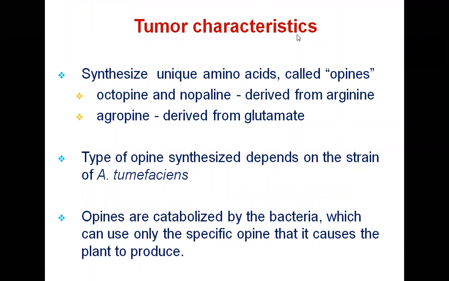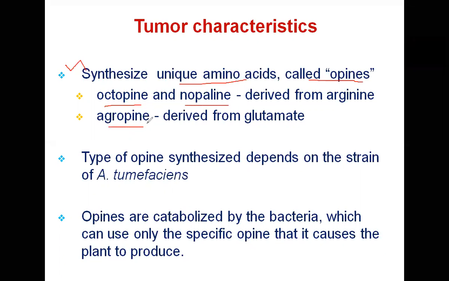Now, as I said, these bacteria, once they infect the plant cell, synthesize unique amino acids. Together they are called opines. There are primarily three different types of opines: octopine, nopaline, and agropine.